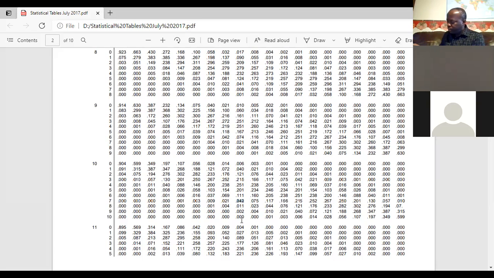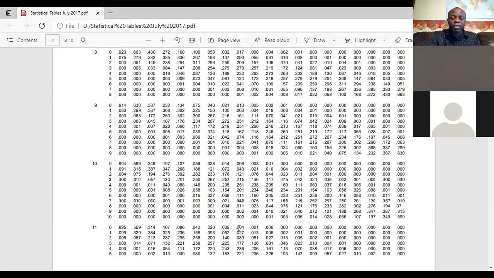Let me write them down. The first one we're picking is 0.042 plus. Next one is 0.011 plus 0.002. Then the last one is 0.000. That is for the 10. Now we can go to our calculator and then add them up.